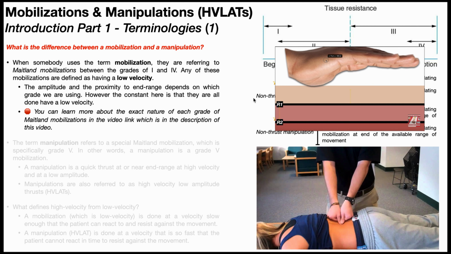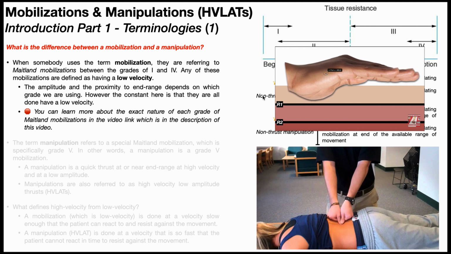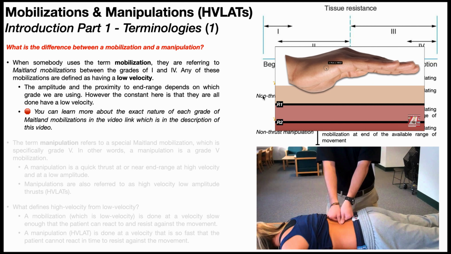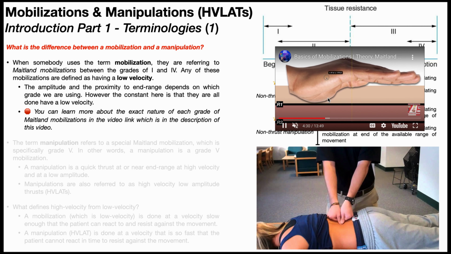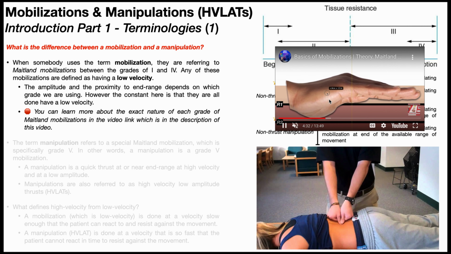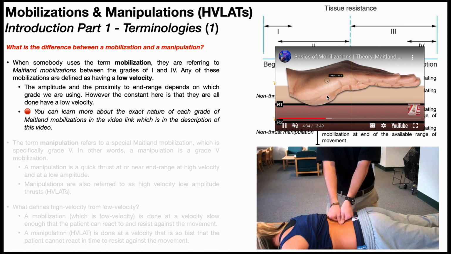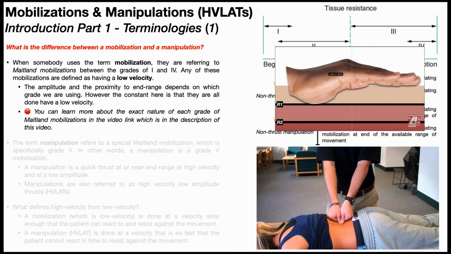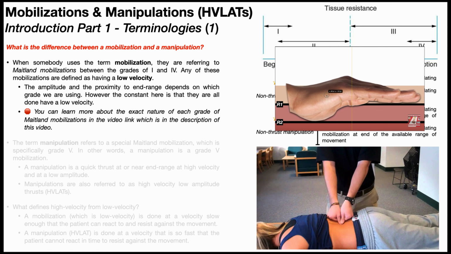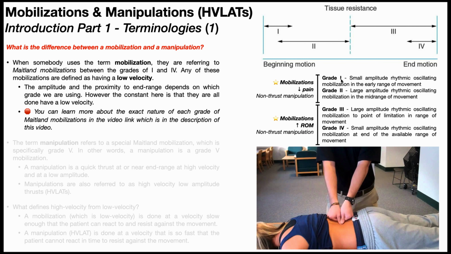In just a second I am going to go into these grades in a little bit of detail, but if you want a lot more detail, especially on how these mobilizations are applied, follow the link in the description of this video, where I go into these grades in much more detail. Over here you see grade 1 mobilizations. These are small amplitude rhythmic oscillating mobilizations in the early range of movement, just barely sinking through the skin.